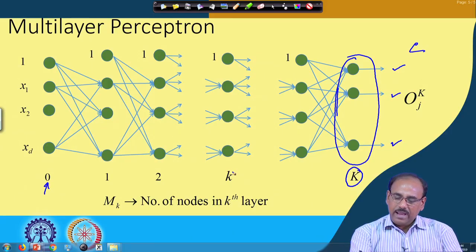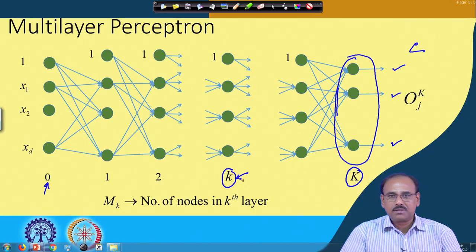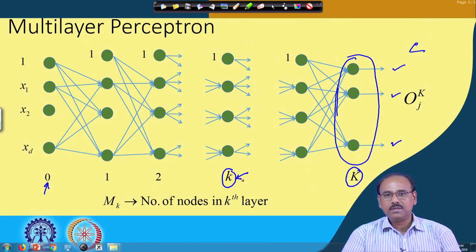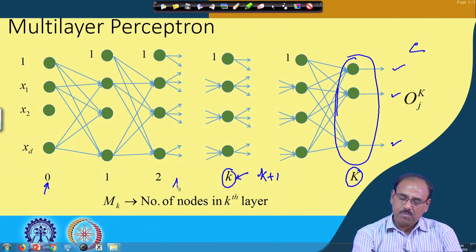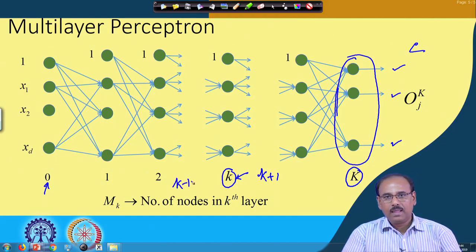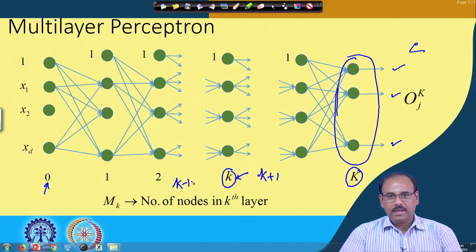If I consider any layer, say the kth layer, where k is in lowercase, every kth layer passes its output to the k plus first layer and it receives inputs from the k minus first layer. So, every node in the k minus first layer passes output to every node in the kth layer, and every node in the kth layer passes the output to every node in the k plus first layer.